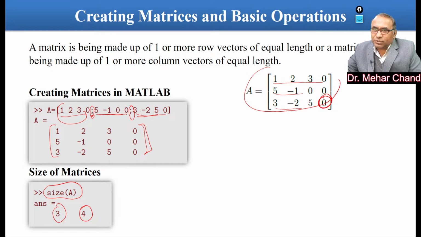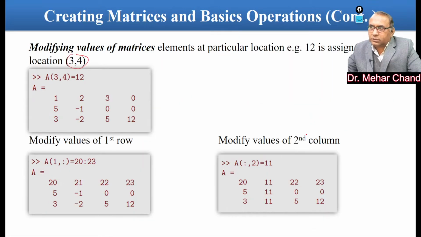You can do it by using this statement: A(3, 4) = 12. So this value will be replaced by using this statement. When you enter this, you can see this is the new value at its place.